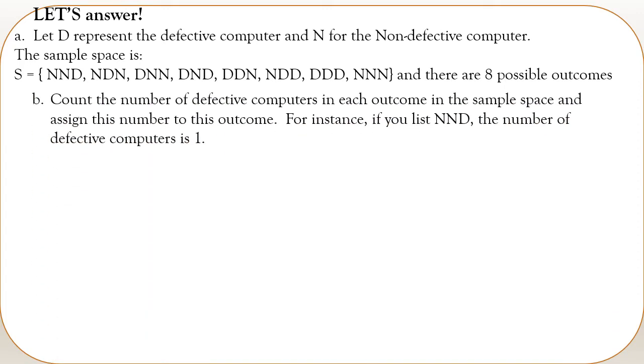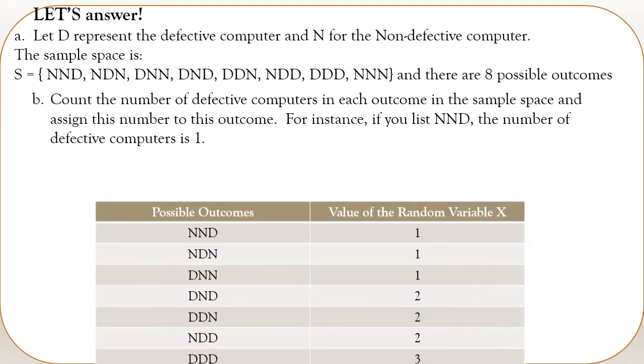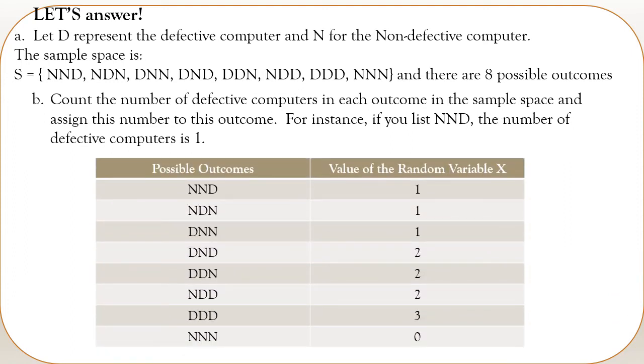For letter B, bibilangin natin yung number ng defective computer sa bawat outcome natin sa sample space. At lalagyan natin yan ng assigned number. For instance, kung meron tayong N and D, ibig sabihin may isa tayong defective computer. So, ito yung mga possible outcomes natin.